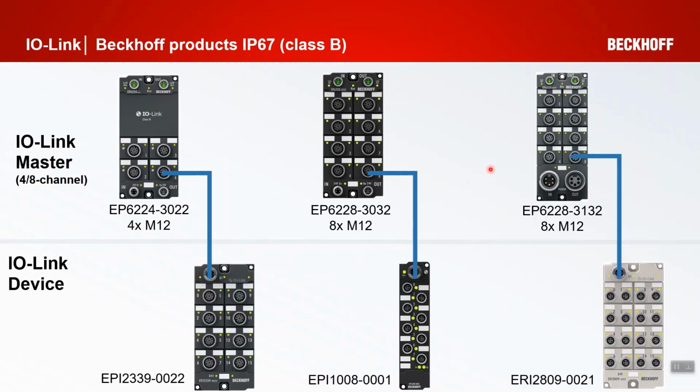And we also have in IP67 the IO-Link devices. They're called IO-Link boxes. So you have the possibility to add these IO-Link boxes to one IO-Link port and then split up this one IO-Link port to up to 8 or 16 standard signals.